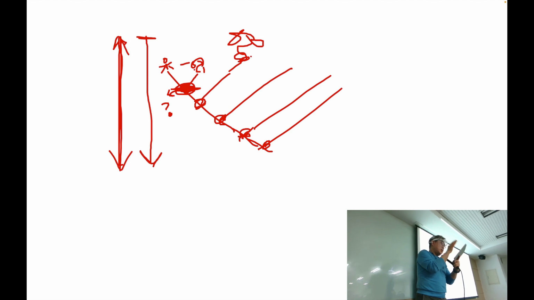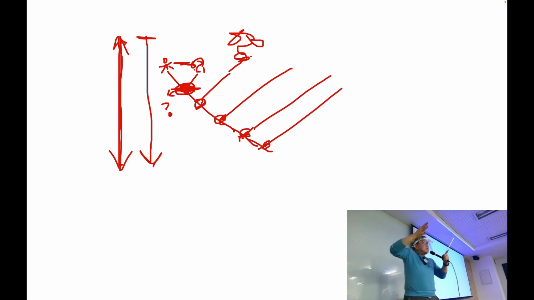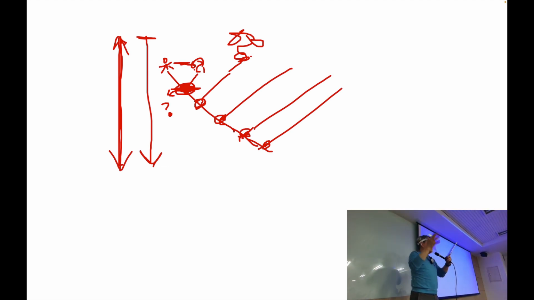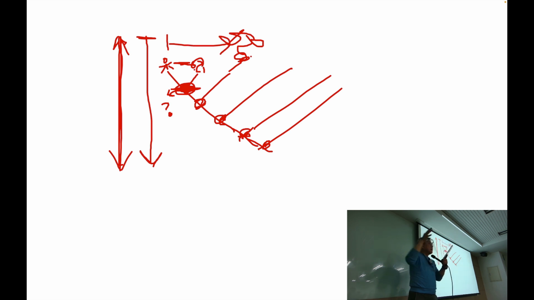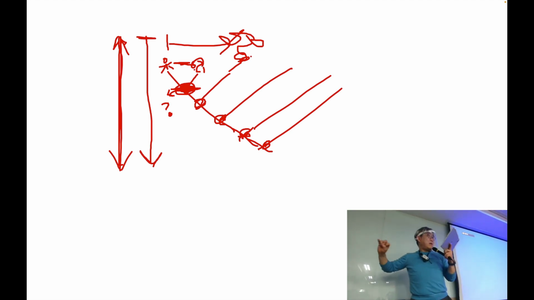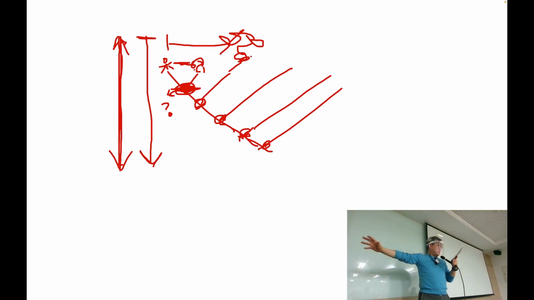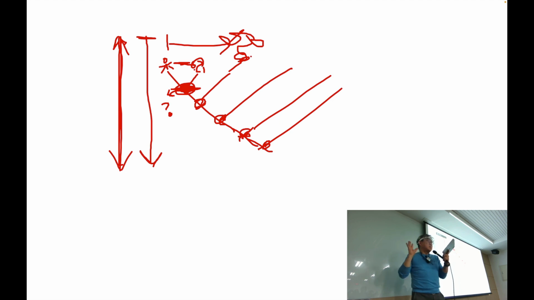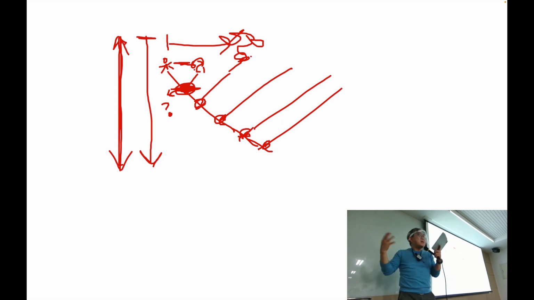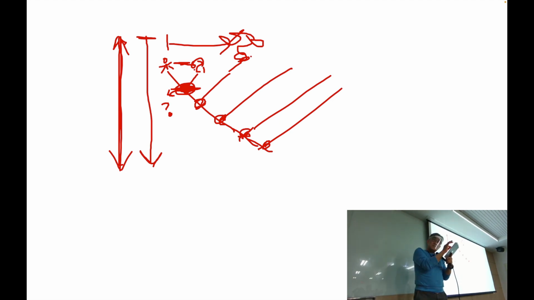So between human and chimpanzees, the gap is shorter, which means they are the most closely related. But if you compare humans and dogs, it's wider. The gap is longer, which means a dog is kind of close to human, but not as close as the chimpanzee. That's what we can interpret.